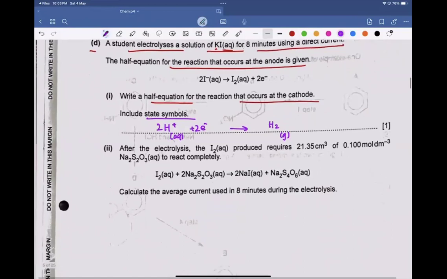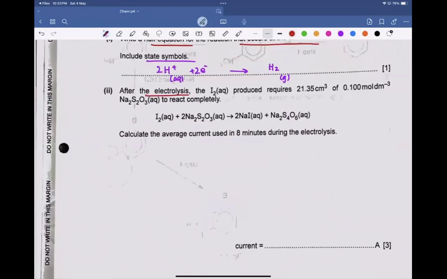Okay. Now, the aqueous iodine produced required 21.35 centimeter cube of 0.100 mole per dm cube sodium thiosulfate to react completely. Calculate the average current used in 8 minutes during the electrolysis.